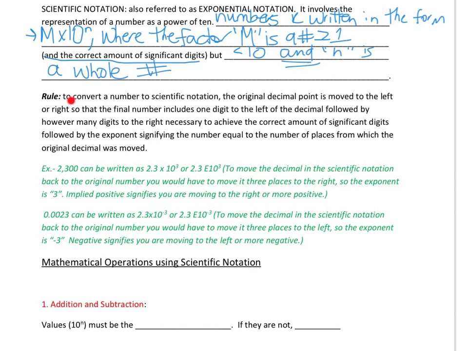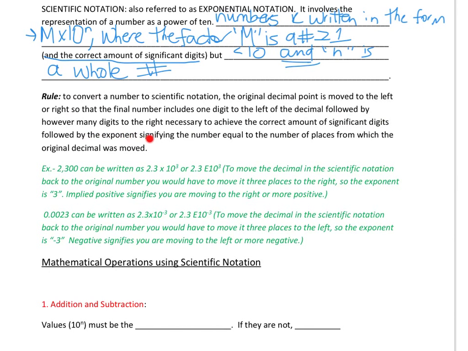So the rule is to convert a number to scientific notation. The original decimal point is moved either to the left or the right so that the final number includes one digit to the left of the decimal, followed by however many digits to the right necessary to achieve the correct significant digits that we were talking about.